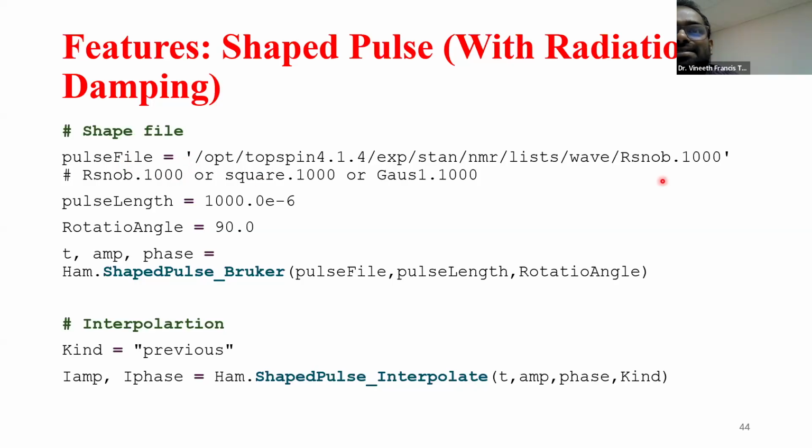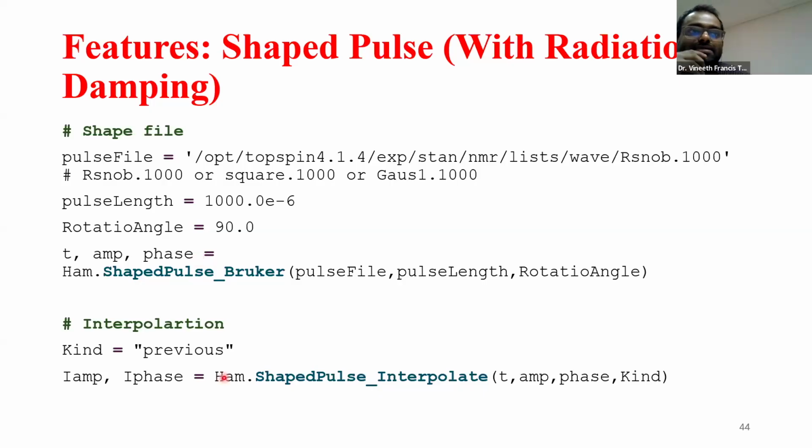This is an example of RSNOB. You define the path to the RSNOB file, you define the pulse length, and you can define the angle of rotation. You will use the Hamiltonian class and the function shaped pulse Bruker. You import these variables you defined, and you will get the time points, amplitude, and phase.